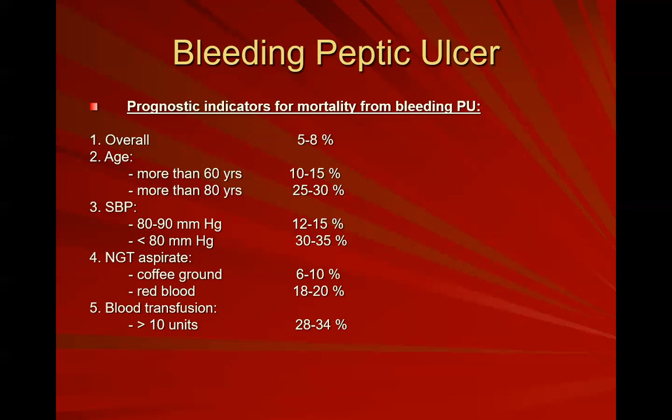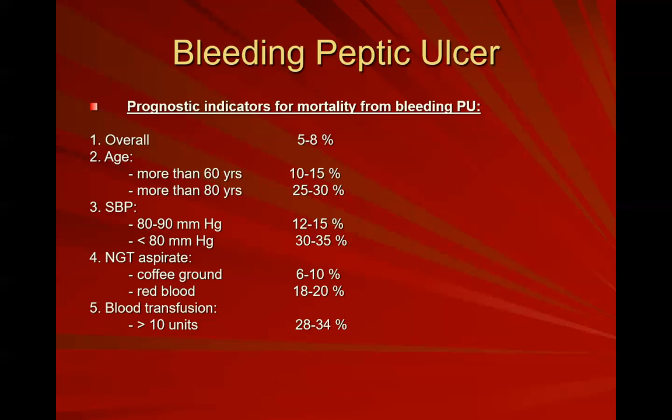We have also one of the signs of the upper GI bleeding, which is the coffee ground emesis. Okay, but usually the coffee ground emesis is less risky than the fresh blood. Why is that? Because the coffee ground emesis indicates that the bleeding has stopped, and the remnants of blood would be digested.